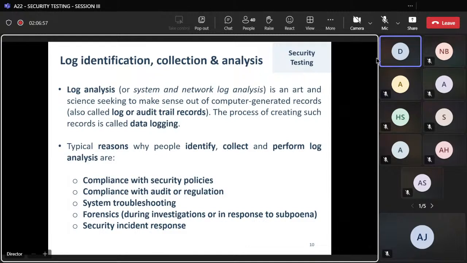Also this will help at the time of forensics during investigations, or incident response and security incident response. Finally, these are the various specific reasons why we perform the log analysis.